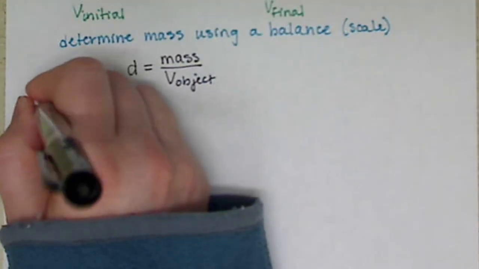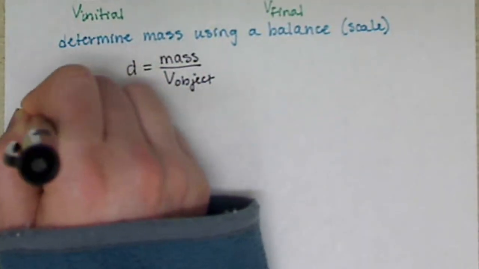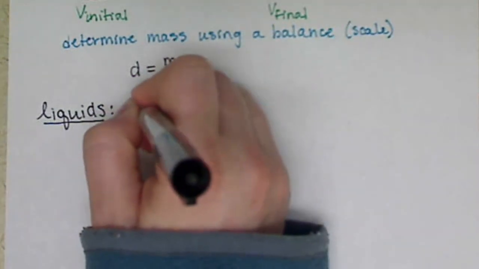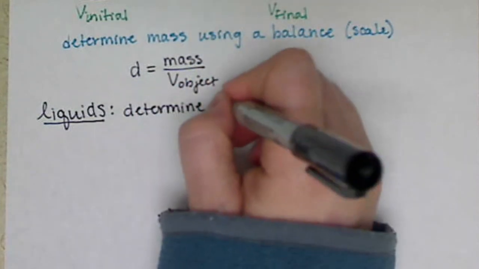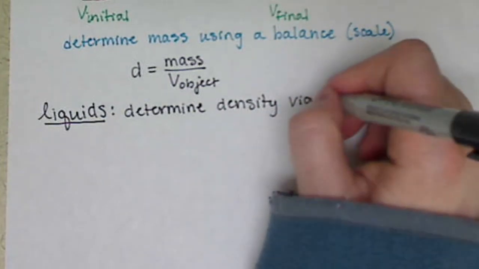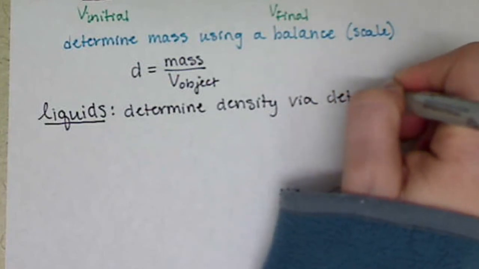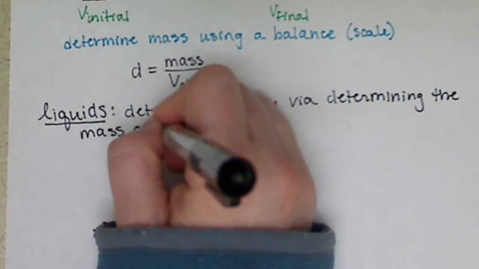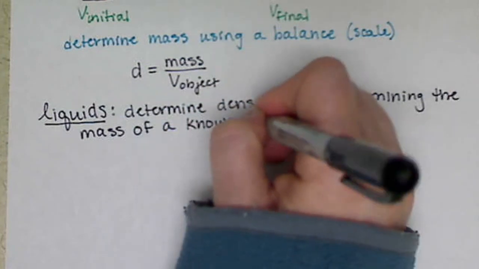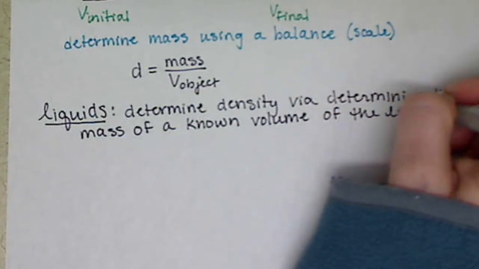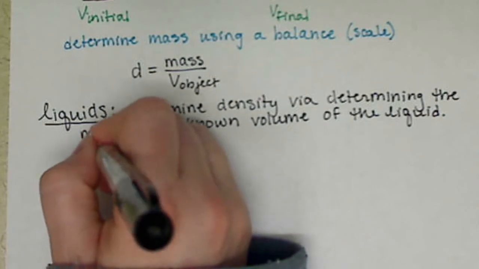For liquids, we're going to determine our density by determining the mass of a known volume of the liquid. We're going to do this by using a burette.